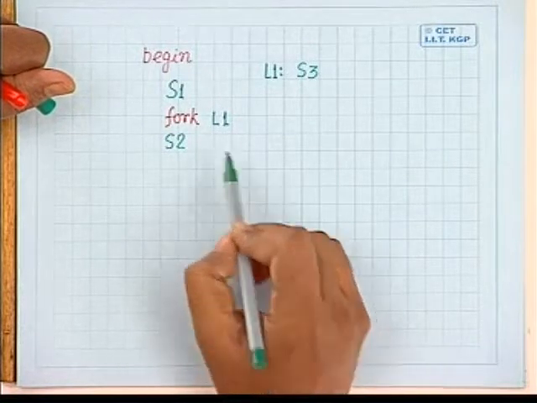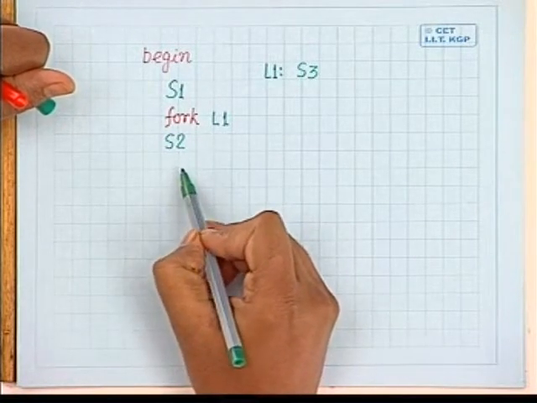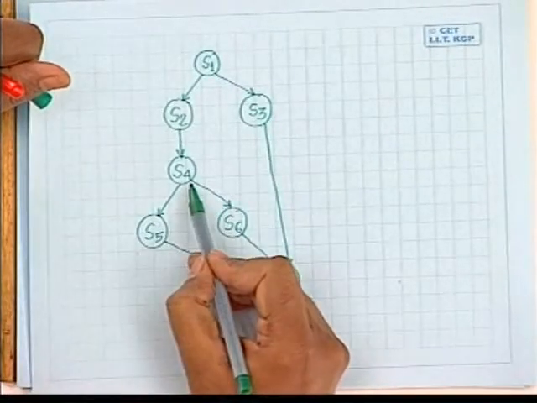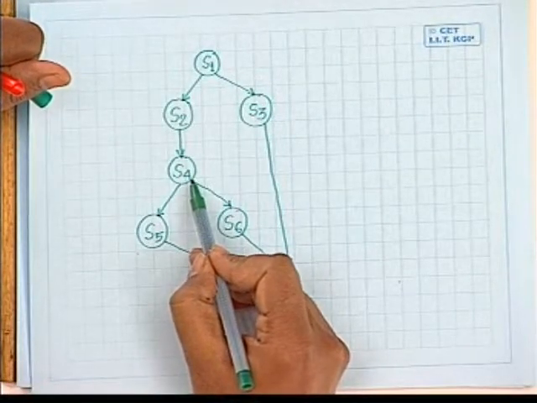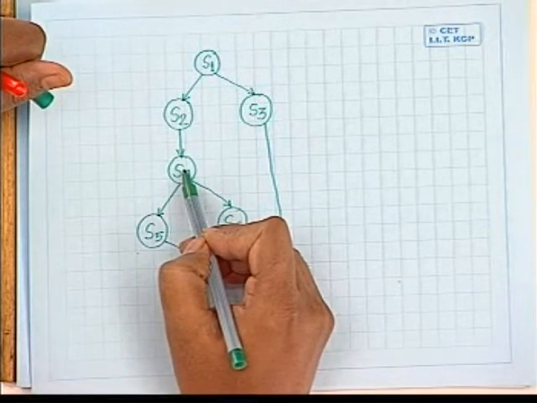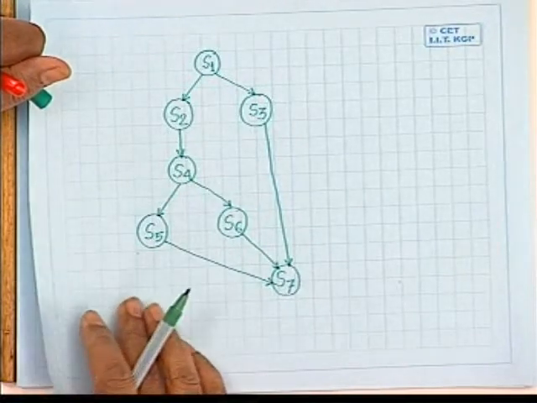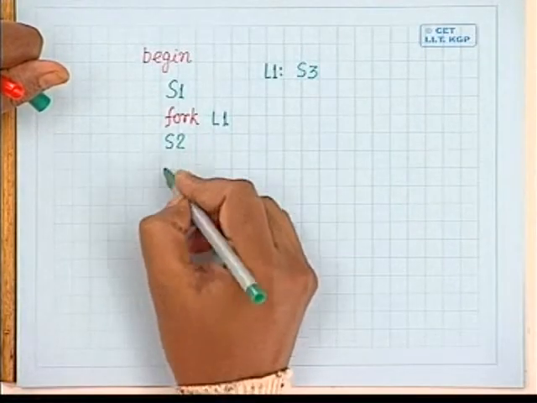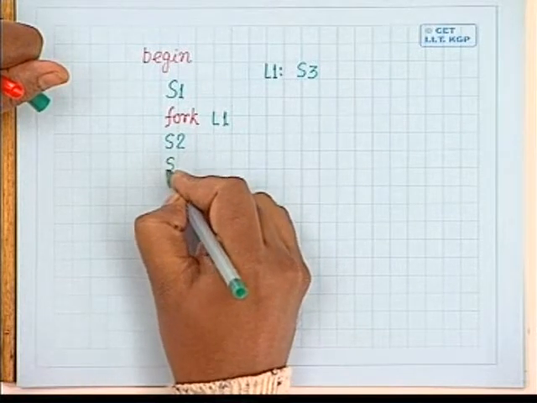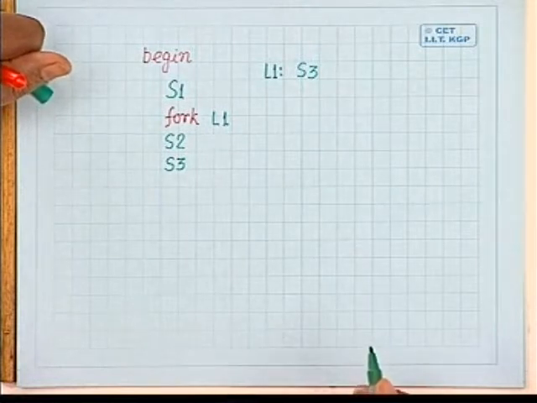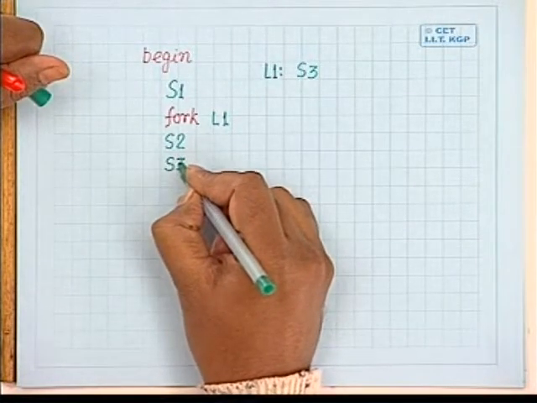After S2, the same process has to compute statement S4, because S4 comes in sequence after S2, and here I cannot have any concurrency as per our precedence relation. So after completion of S2, the same process will continue with the execution of S4.